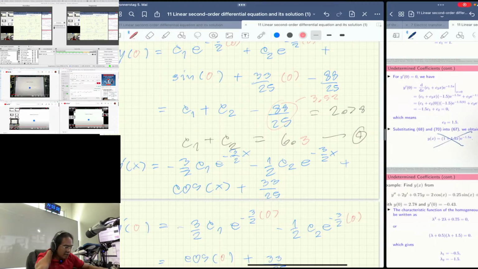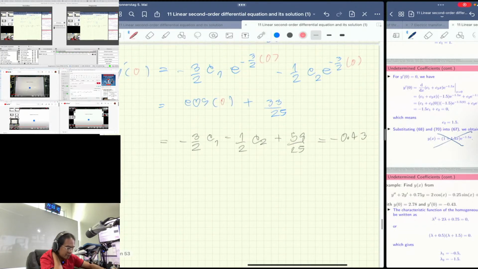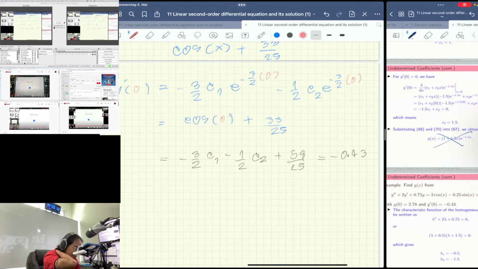Okay, 6.3, and this one, what is the result?